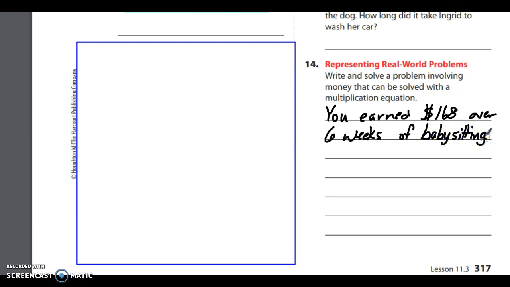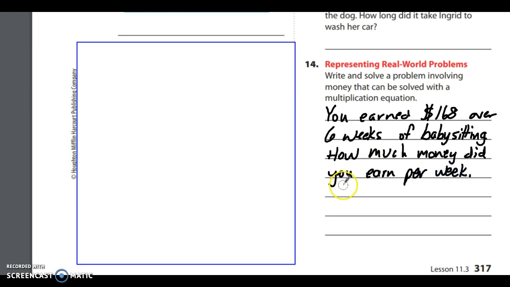And then the question would be, how much money did you make per week? Did you earn per week? And then what would the problem be? The problem would be, well, you worked for 6 weeks, and you earned money each week, and it has a total of 168.